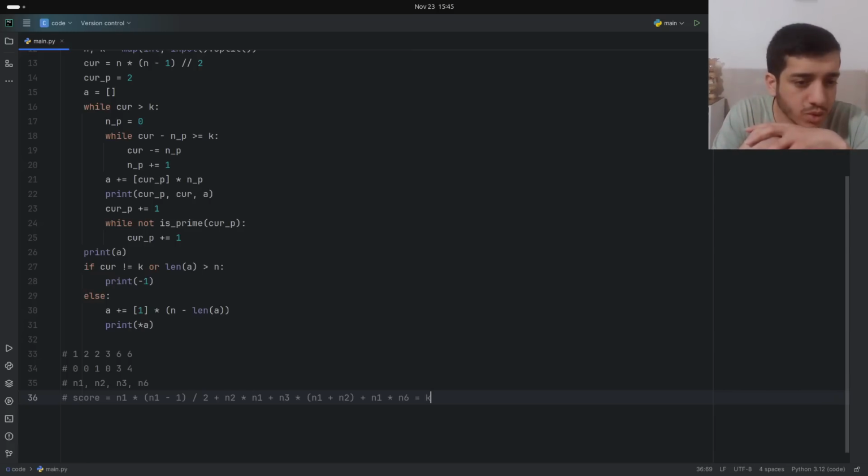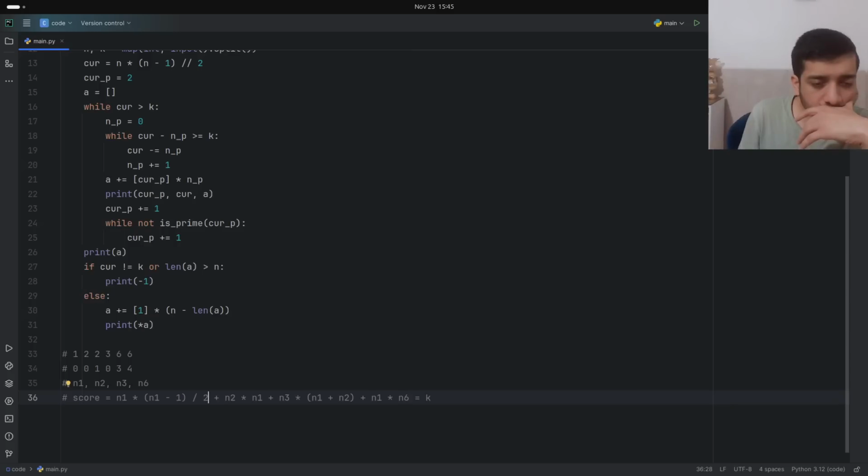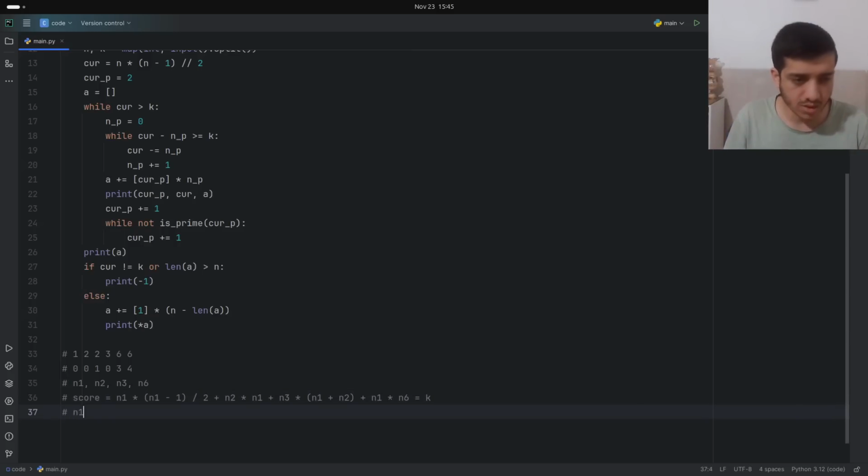I think it's possible. And another constraint is n1 plus n2 plus n3 plus n6 is equal to n.